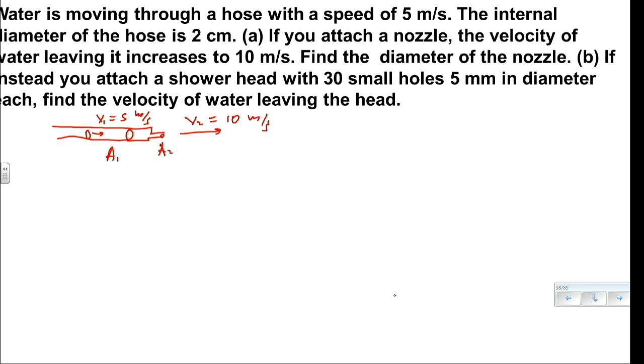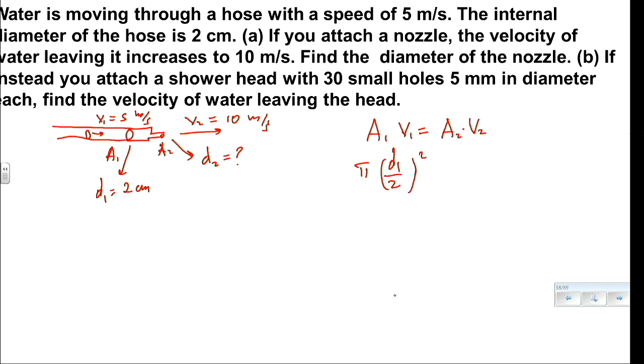Okay. And what are we looking for? The diameter, d2. Because d1 is given, 2 centimeters. Since it's related to speed, the equation is the continuity equation. Pi times d1 over 2 squared times 5 is equal to pi times d2 over 2 squared times 10.